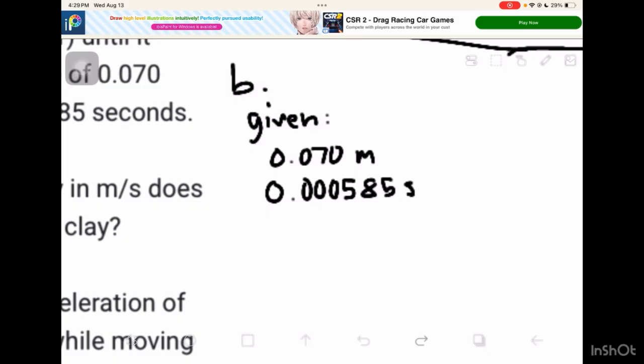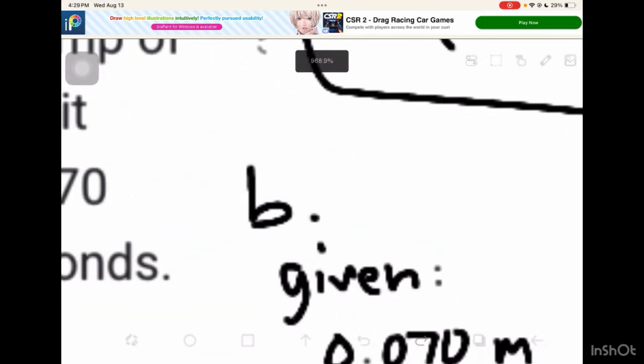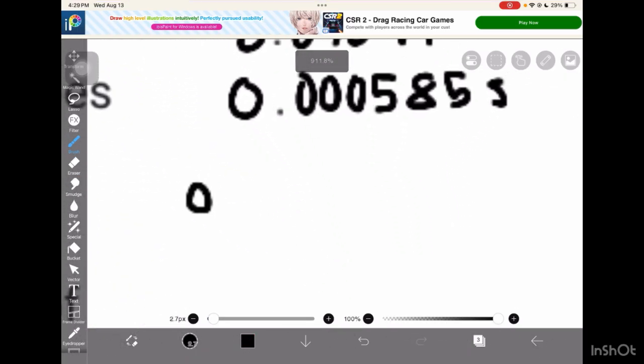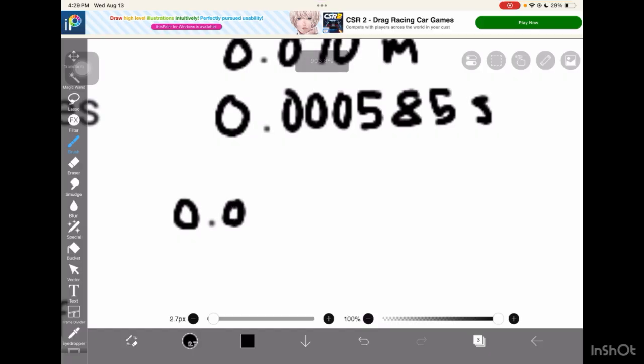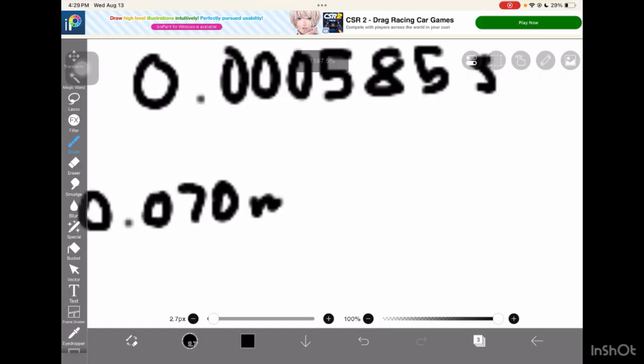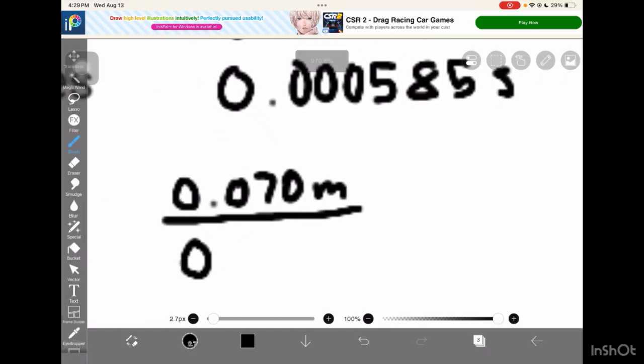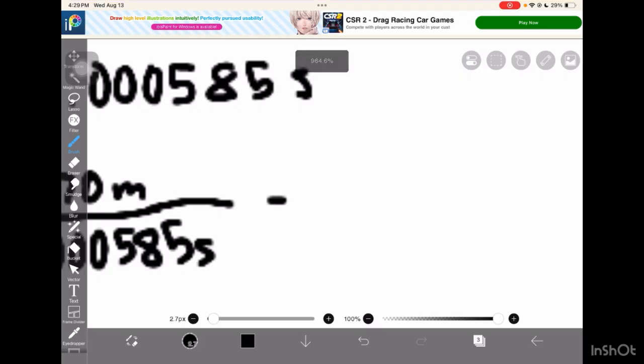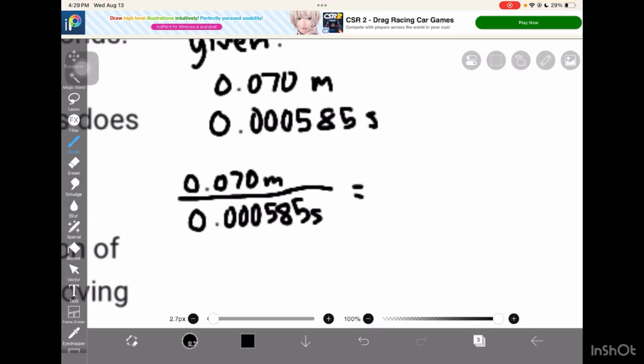Oh sorry, this is A. So 0.070 m over 0.000585 s is equal to, in the calculator, 0.070 divided by 0.000585.